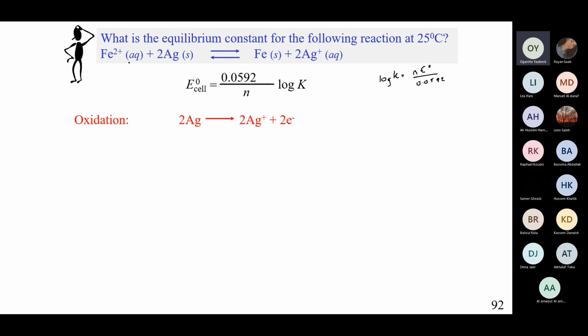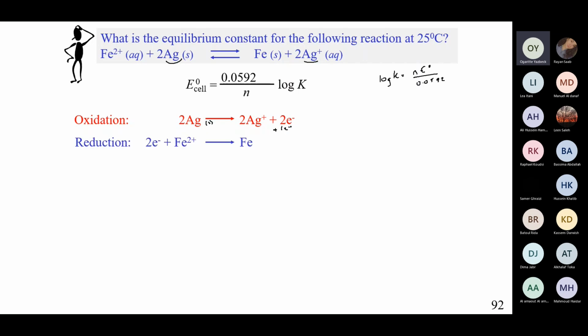So if I start with the Fe or the Ag, so Ag solid, I'll put Ag solid. It goes to Ag plus, I put Ag plus, and I balance the equation. So it's plus 1 electron.